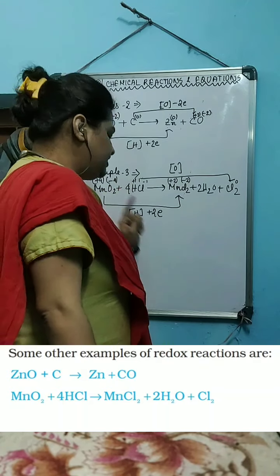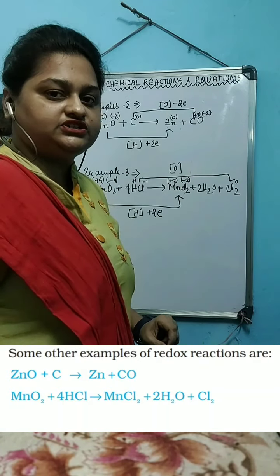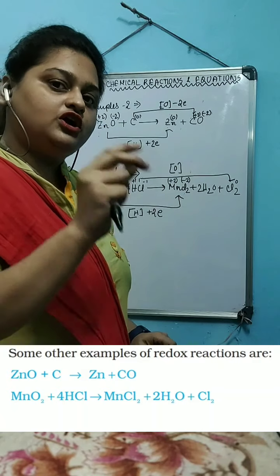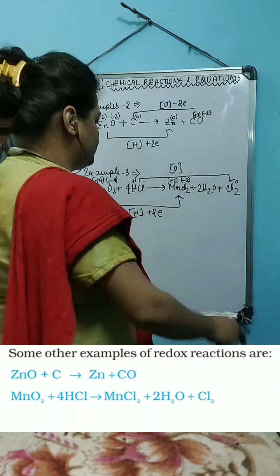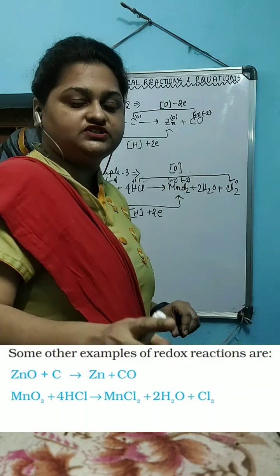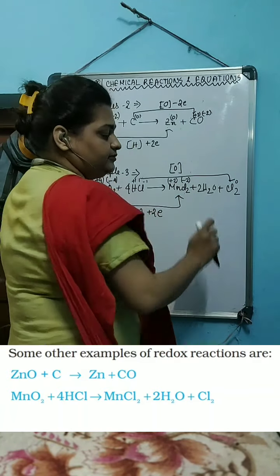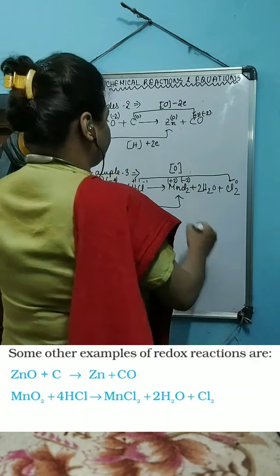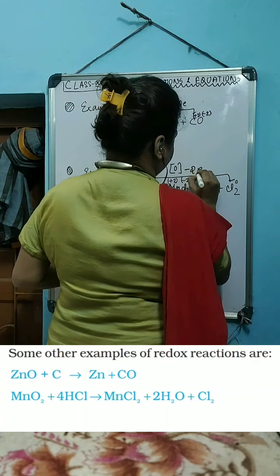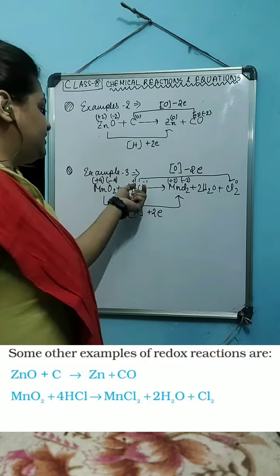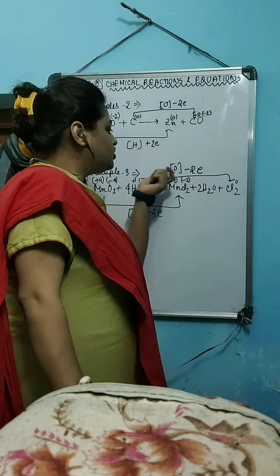So each chlorine gives a -1 oxidation state, 2 chlorines giving a total of -2 oxidation state, leaving 2 electrons to give 1 molecule of Cl2. That's why in this reaction HCl is oxidized to Cl2.